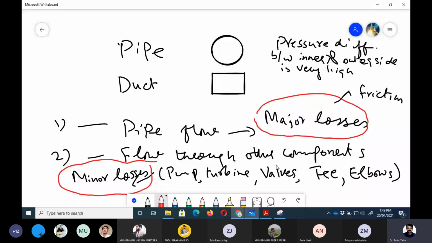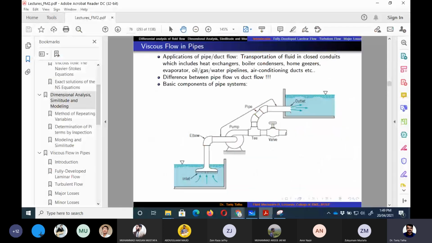So they produce some kind of discontinuity in the flow. Down the line in this chapter, we would also consider the minor losses. In the beginning, we would focus on the major losses, which are due to friction. That is the major crux of this chapter, which we are going to cover in the next couple of weeks, maybe more than a couple of weeks.